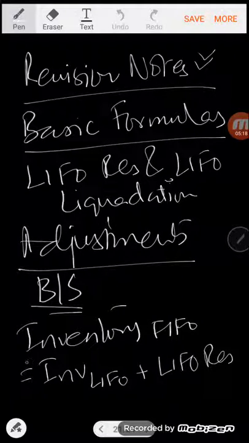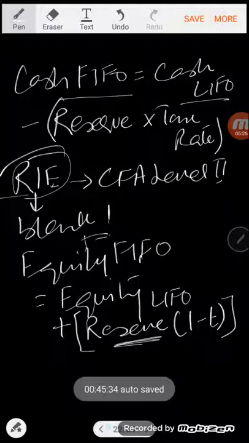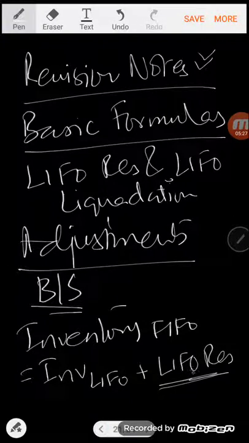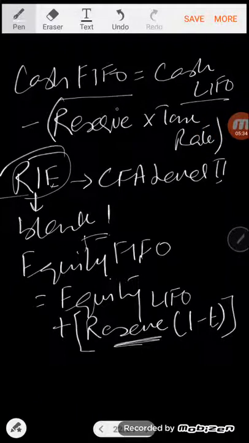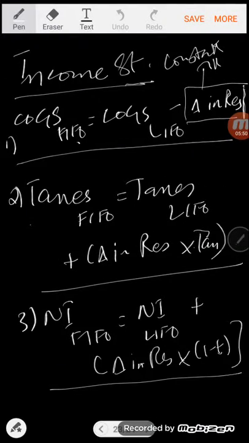The three formulas in the balance sheet all have this figure, LIFO reserve. You can treat it as a constant. In the first one, we will just use the LIFO reserve, which is just a constant. In the second, cash FIFO, we would be using the reserve into the tax amount, so the tax portion of the reserve. And in the third, equity FIFO, we would be using the net amount after tax of the reserve.